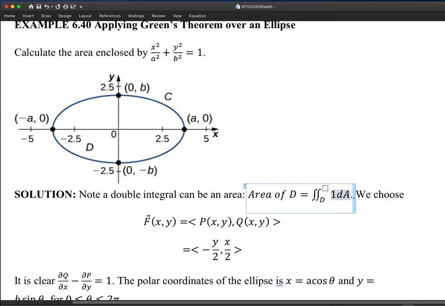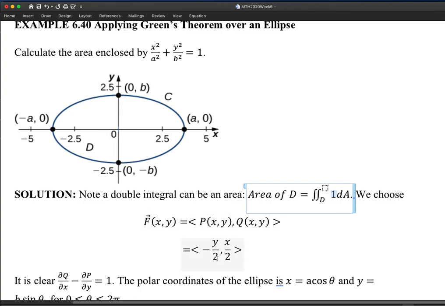And then you can make different arrangements. The thing is you want to make sure this is a double integral because we are considering the Green Theorem. So you may want to generate some vector valued functions such that dQ/dx minus dP/dy is 1. There are different ways. I'm just showing one way. Take a look if it makes sense to you. dQ/dx is 1/2, right?